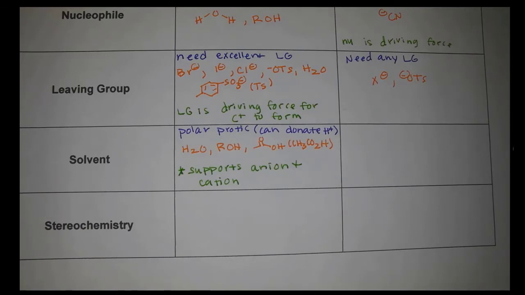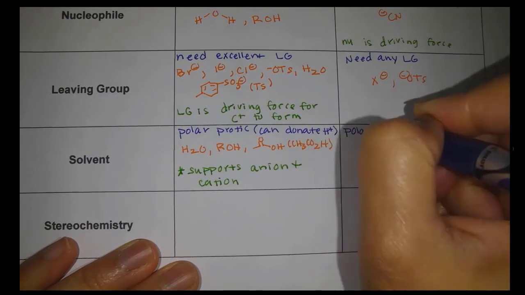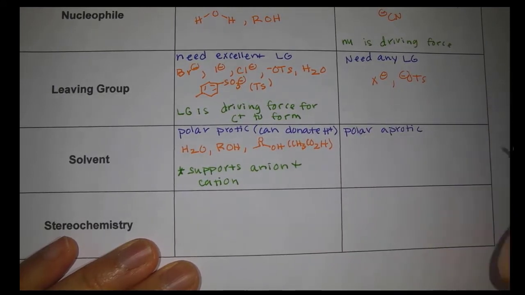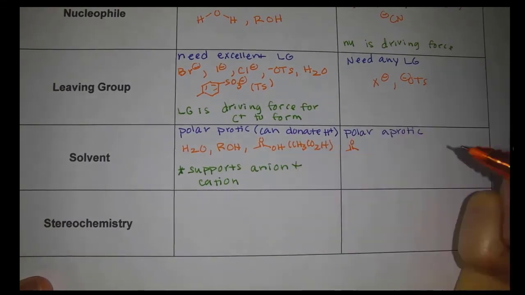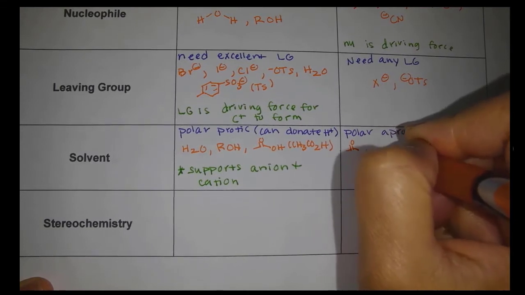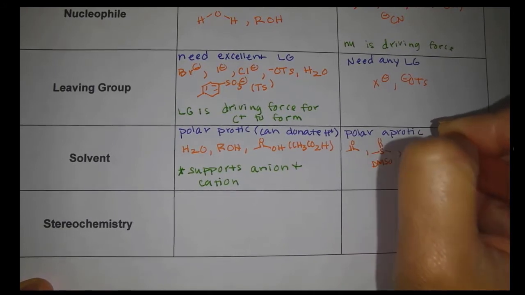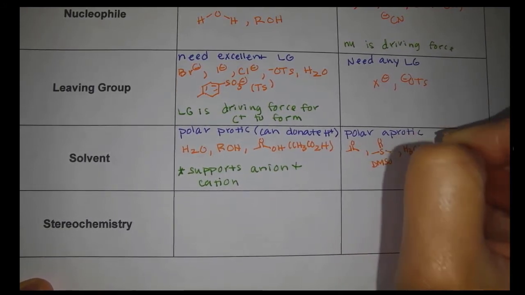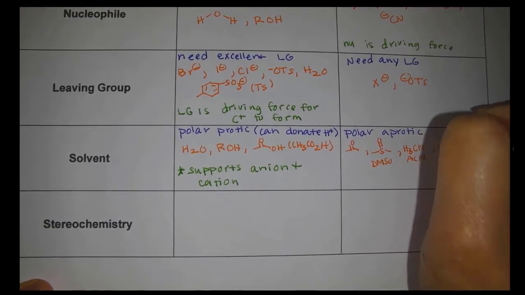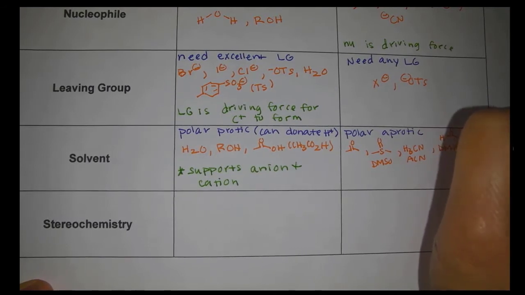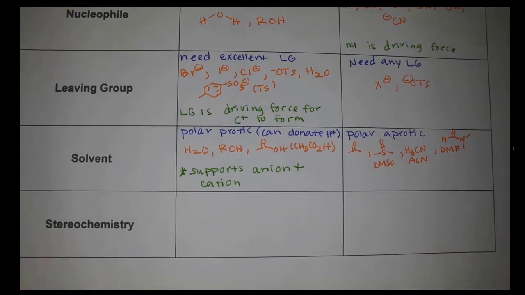For an SN2 reaction, we want a polar aprotic solvent that does not contribute a proton. These solvents are acetone, DMSO, which looks like acetone but has a sulfur, acetonitrile, and DMF, which is an aldehyde with a nitrogen on the other side, and then there are two methyl groups there.